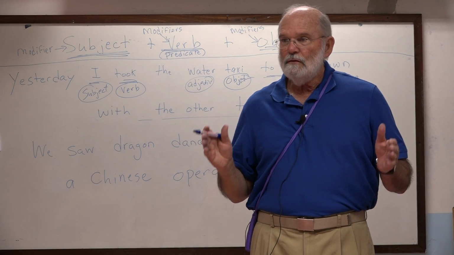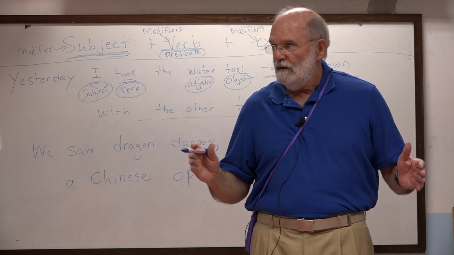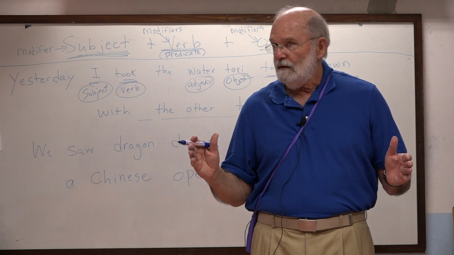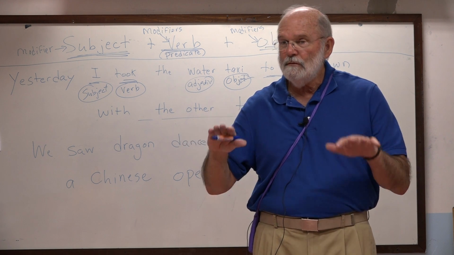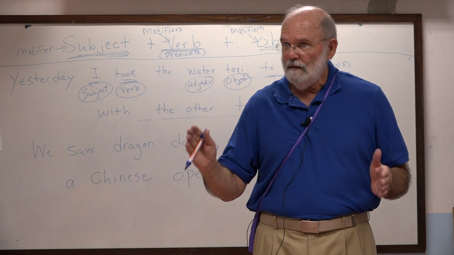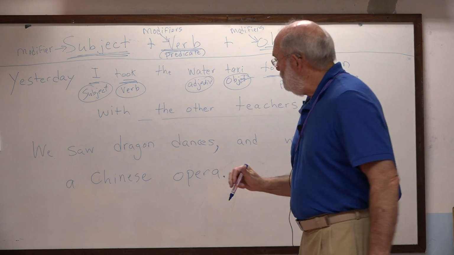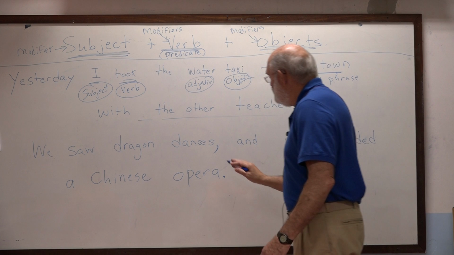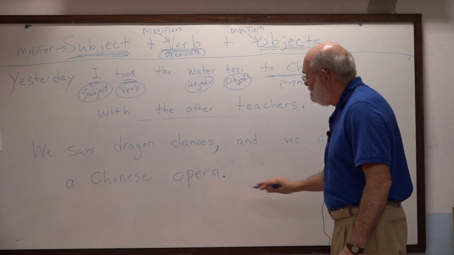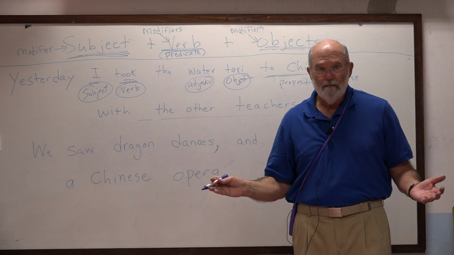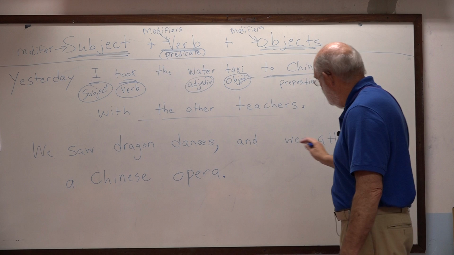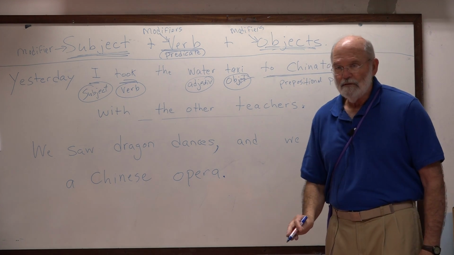It's where you take two sentences and put them together. You only do that if the two clauses are very closely related. So I would make this a compound sentence because this explains now what we did at the same time last night. We went to the dragon dances and we attended the Chinese opera.